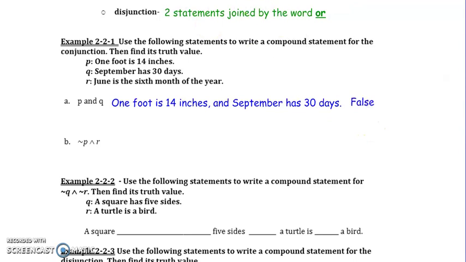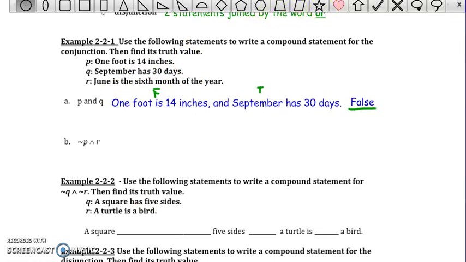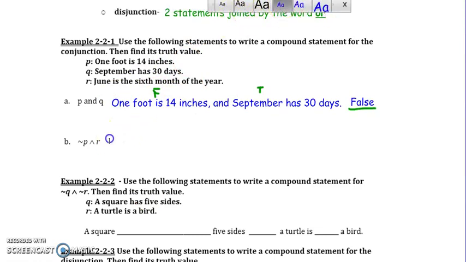If we looked at it separately, this is false, this is true. So overall, the statement together is going to be false.